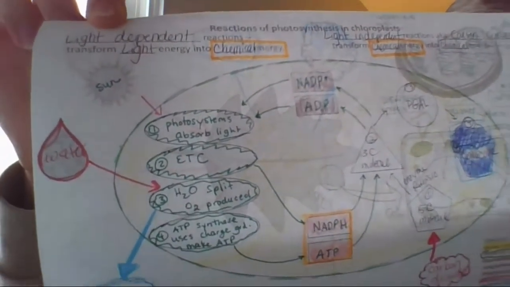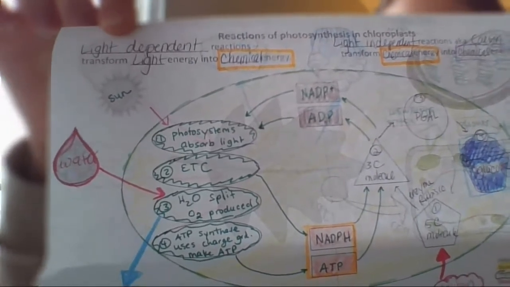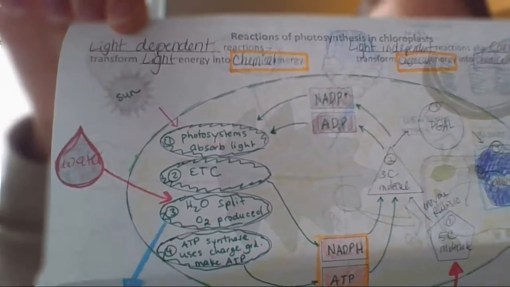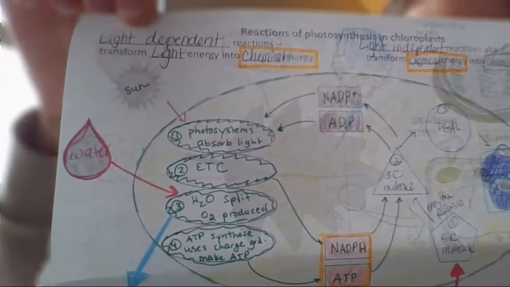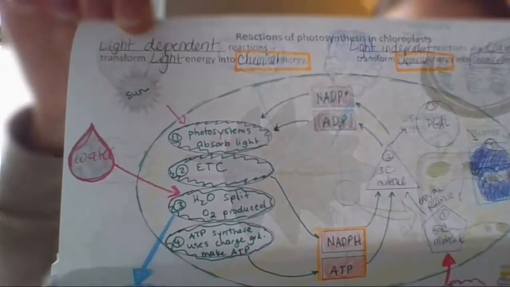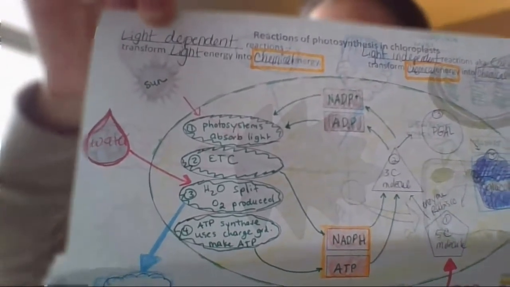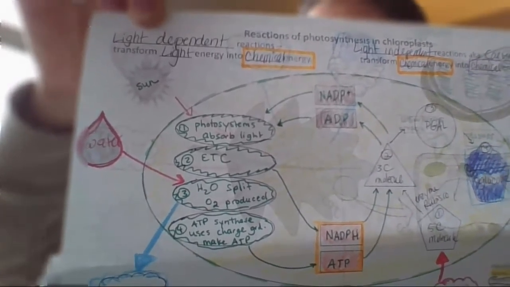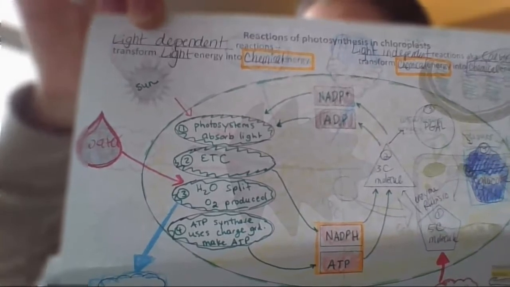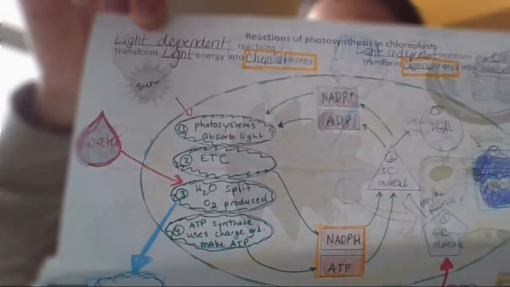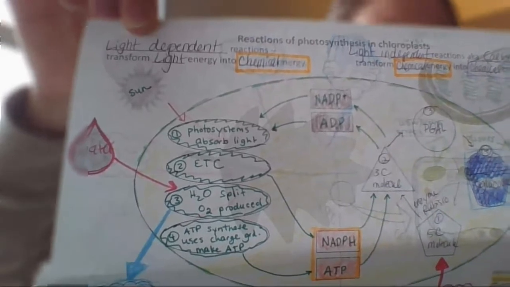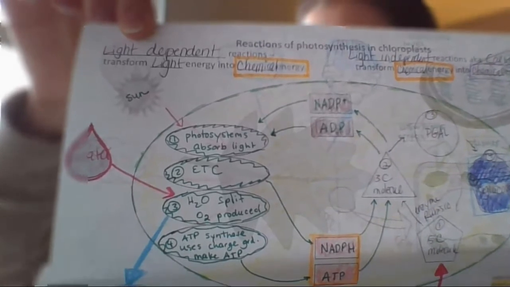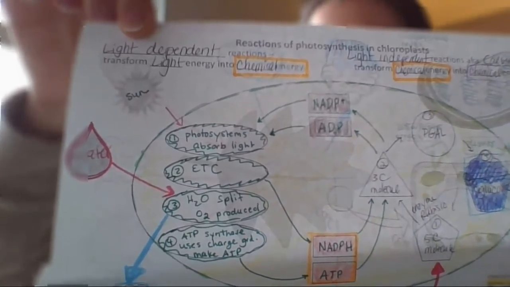If you look at the light-dependent reactions, these are the reactions that happen in the thylakoid, and this is where the sunlight comes in and is absorbed by the photosystems. As the photosystems absorb the light, this creates more high-energy electrons, and this means that it's going to create more of the short-term energy storing compounds, so it makes more ATP and more NADPH, and then it will also produce more oxygen, because in the light-dependent reactions, water is split and oxygen is released, and then the hydrogen is used to make NADPH.